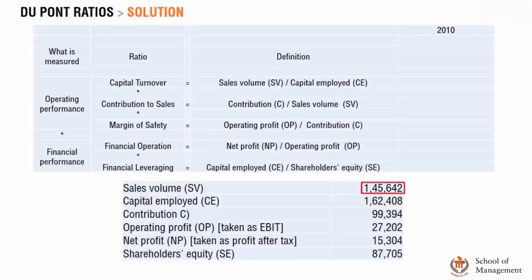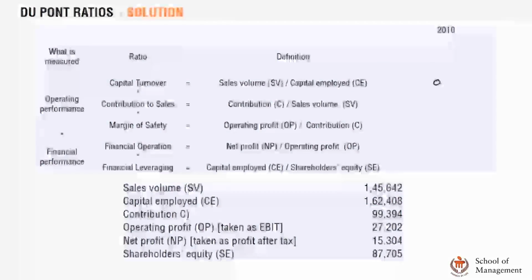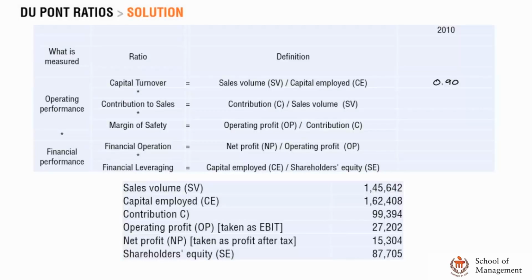Now, the capital turnover ratio is 1,45,642 divided by 1,62,408, which we will now put down here as 0.90.